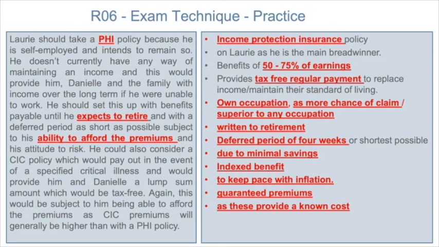Nice, short, to the point, using those key buzzwords, so easy for the examiner to mark and a lot quicker to write or type. Notice that the recommendation wasn't made on the deferment period, that it was within affordability or subject to affordability. So that's an example where there may have been 13 or 14 marks available on the marking scheme, but the maximum awarded for the question is 12.